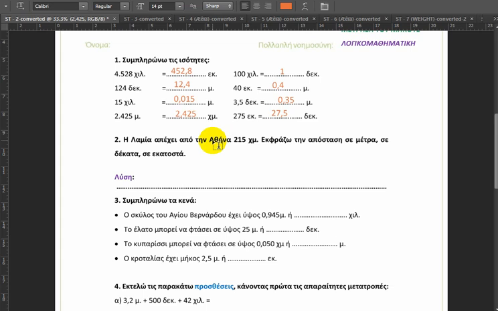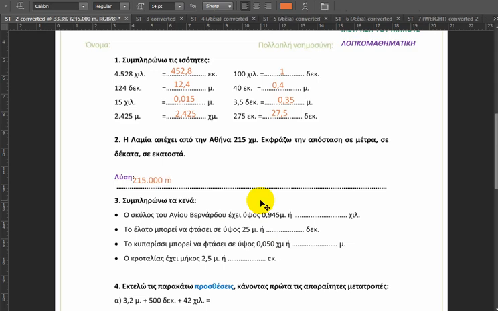Next up, this problem says that Lamia is 215 kilometers from Athens, and it wants me to represent that in meters, decimeters, and centimeters. So from kilometers to meters, that's 3 steps down, so I'm going to multiply by 1,000, which would give me 215,000 what?